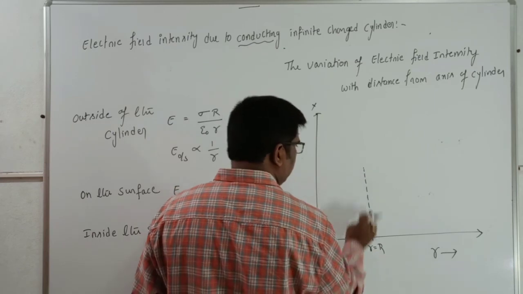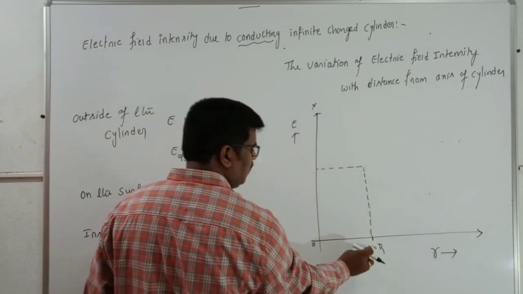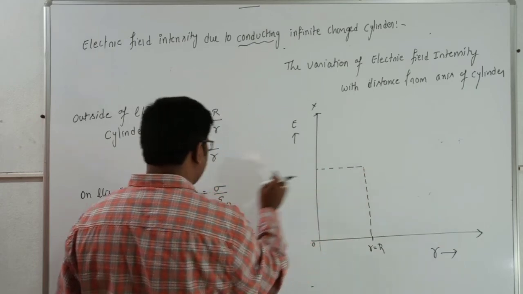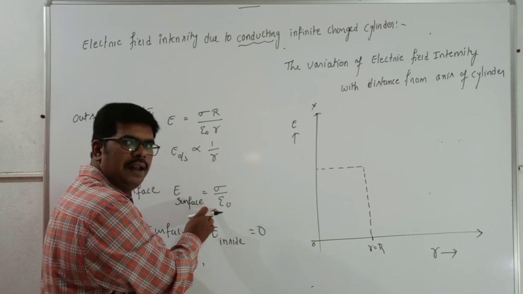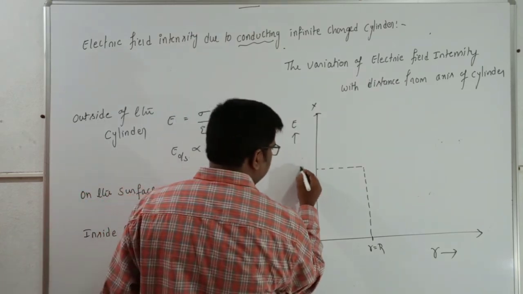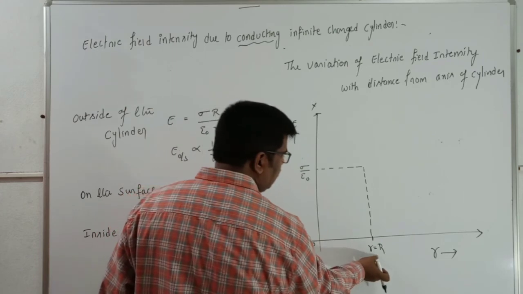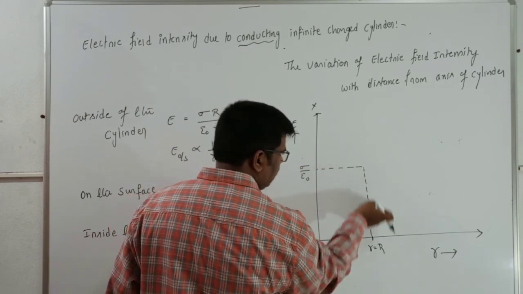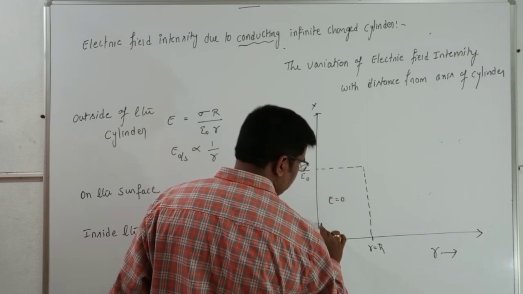But exactly over the surface, at this point, the electric field intensity is sigma by epsilon naught. This is the maximum value, which takes place at the surface. And inside, the electric field intensity is 0.